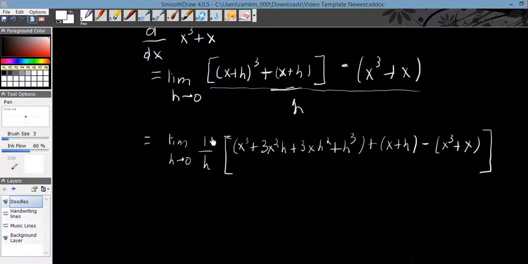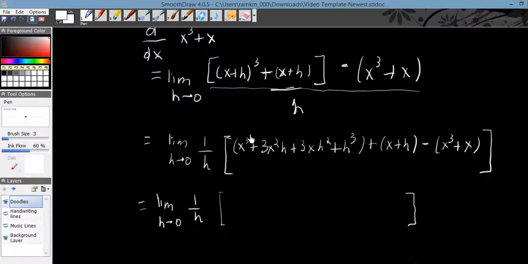So I went ahead and pulled out the 1 over h here and expanded this expression. So we'd get x cubed plus 3x squared h plus 3xh squared plus h cubed, and then plus x plus h, and then minus the quantity x cubed plus x.